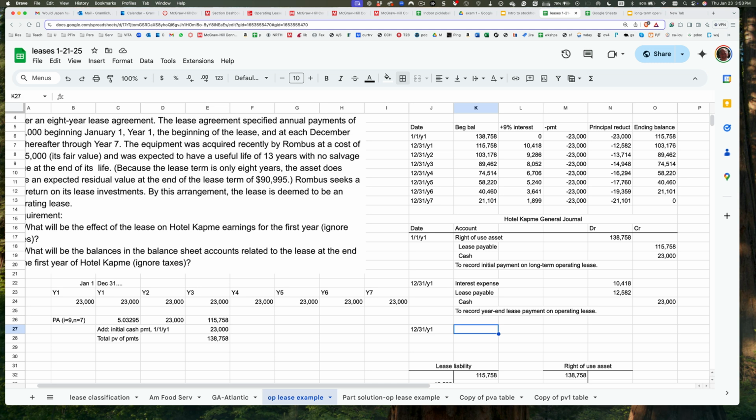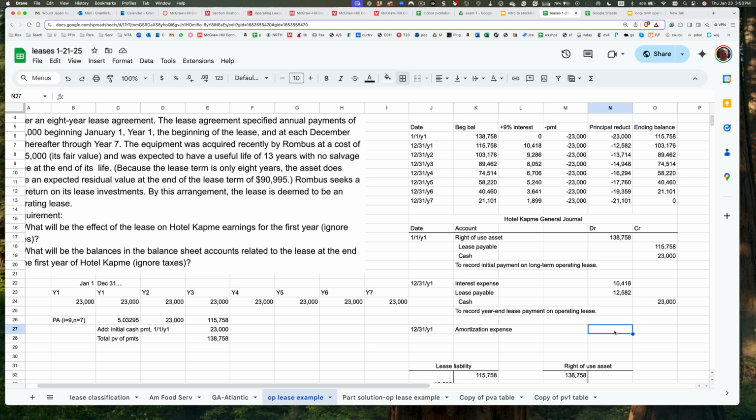We're going to have amortization expense, and that amortization expense is going to equal whatever the difference is between the cash that we paid over that lease term, when we take the straight line amortization of that lease, 23,000, minus what we've already recorded as an expense under interest expense.